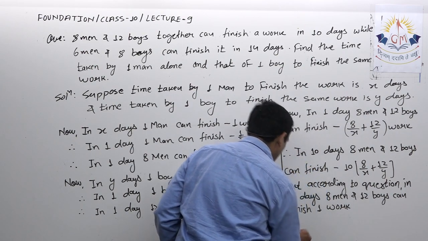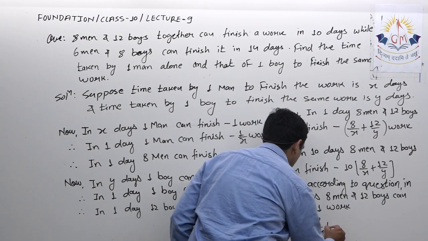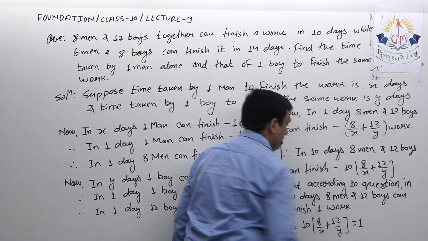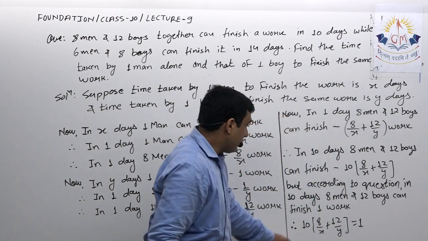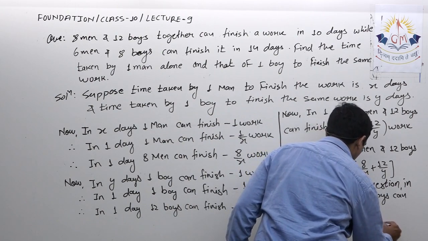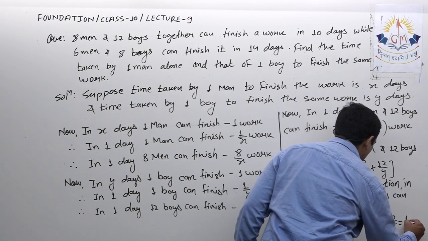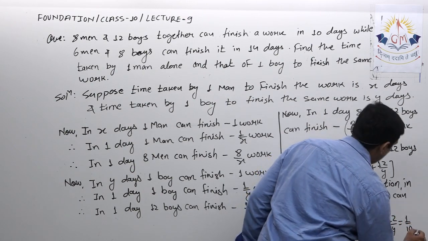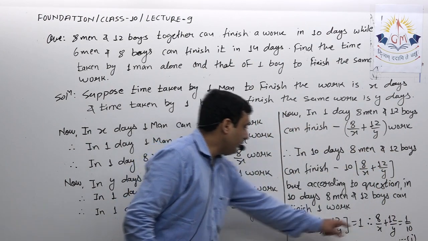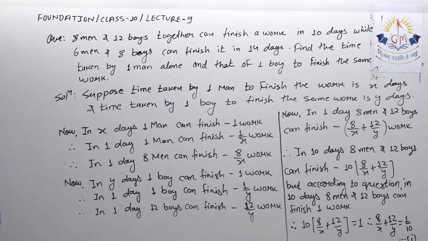Therefore I can say 10 multiplied by 8 upon x plus 12 upon y is equal to 1. Okay, so this gives me my first equation. Therefore I can write 8 upon x plus 12 upon y is equal to 1 upon 10. That is my equation number 1. This 10 will go there. So note it down up to this point, then I will give you the remaining solution.